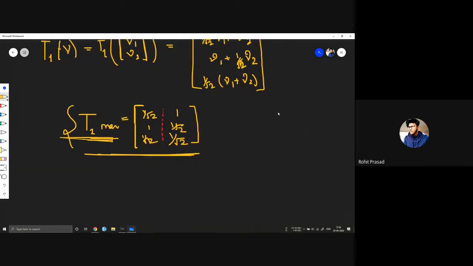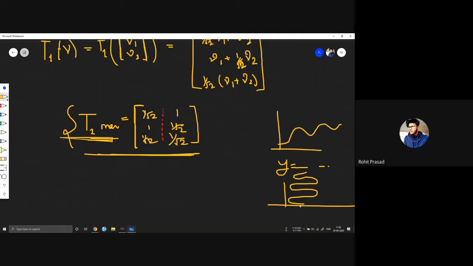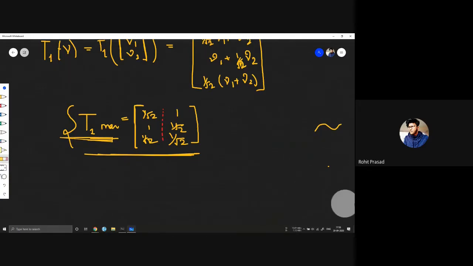Just like if we see a function like this, this is a function, right? You can write y is equal to something. But if we see something like this, it isn't even called a function, because for one x there are multiple values of y. Just like that, transformations also work. There are some transformations that give one-to-one mapping.